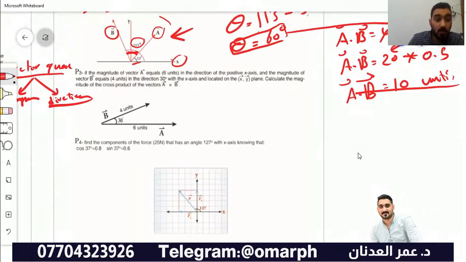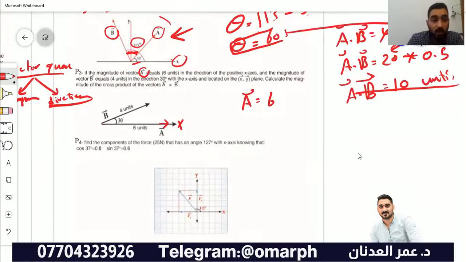P3: if the magnitude of vector A is equal to 6 units, this means vector A equals 6 in the direction of the positive x-axis, so A vector lies along the x-axis.